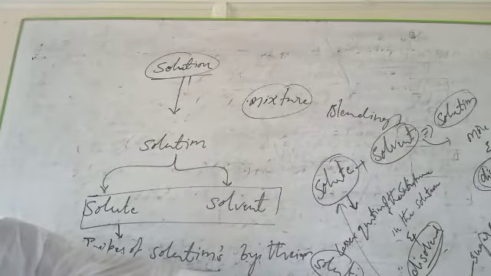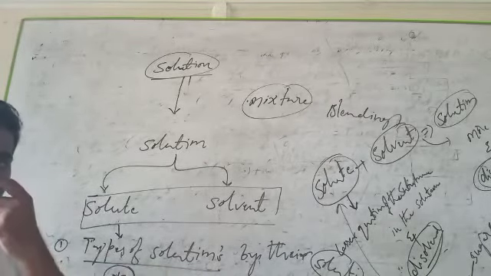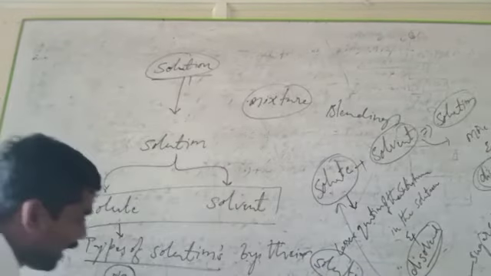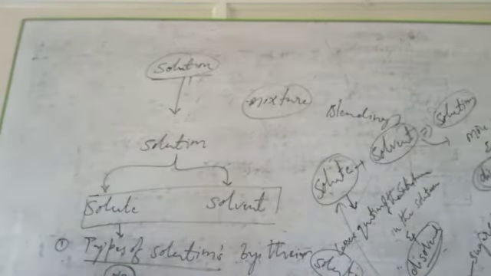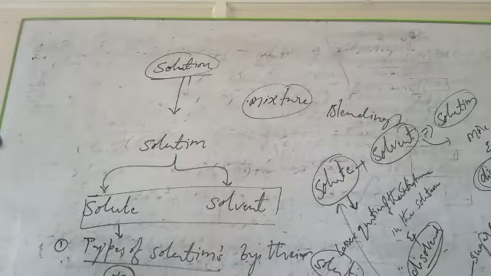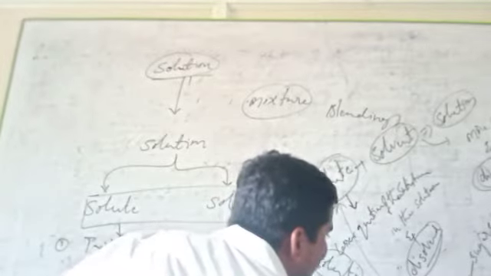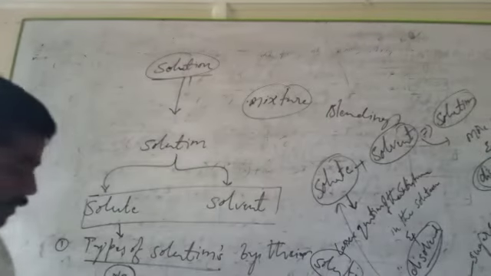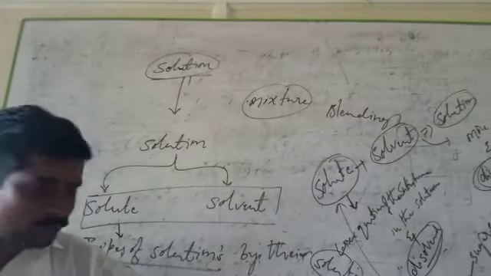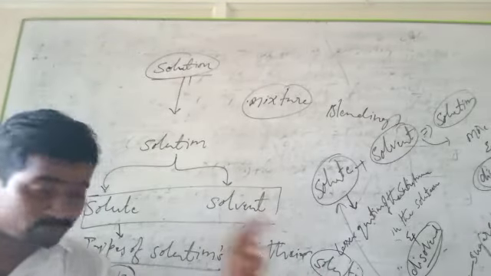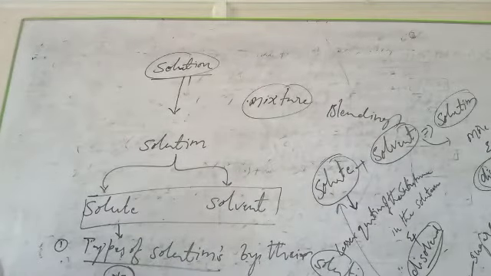The binary solution contains only two solutes. And ternary solution contains the homogeneous mixture of three solutes.